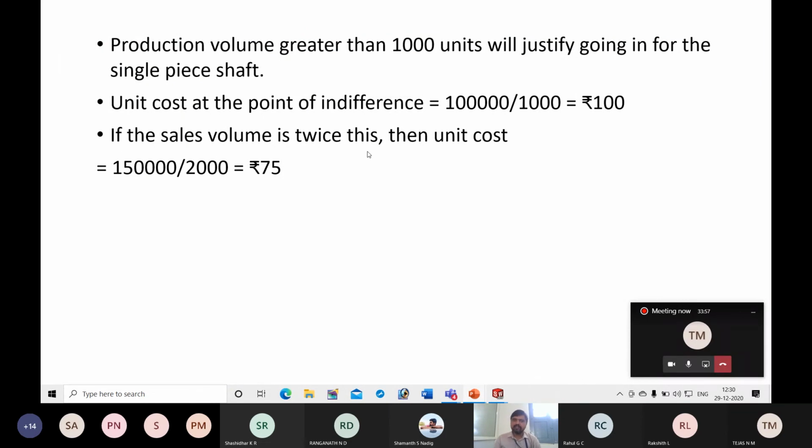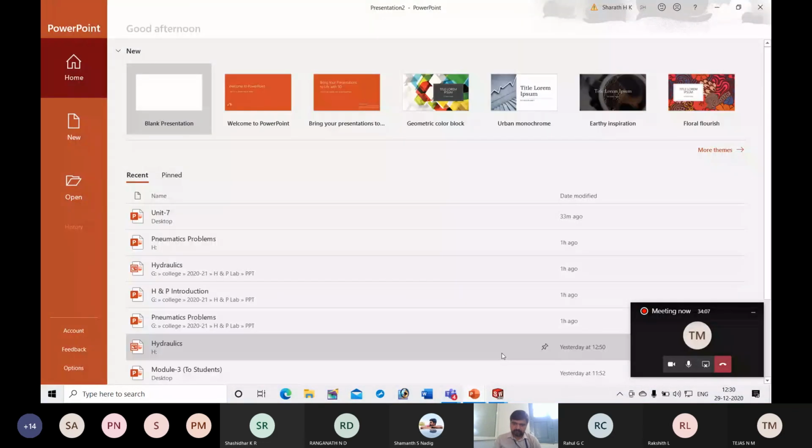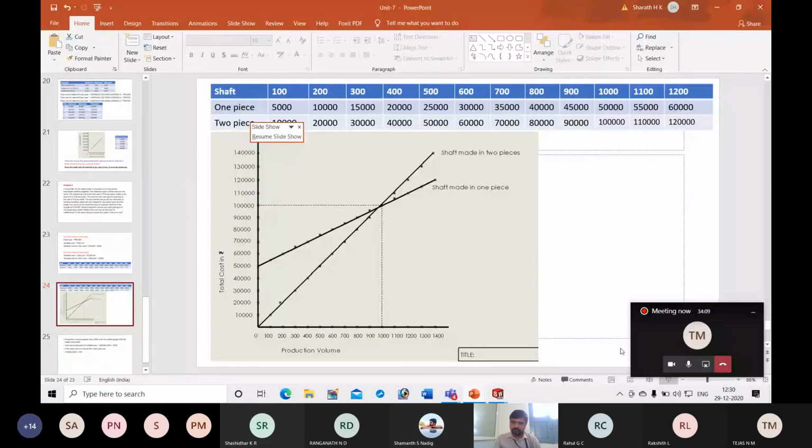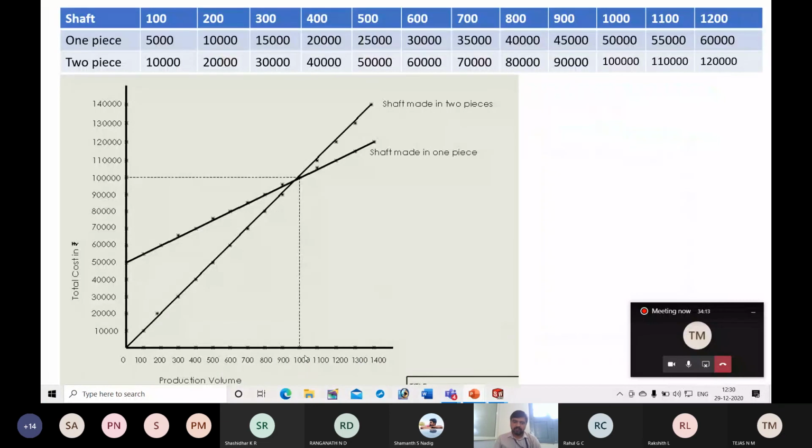If the sales volume is twice this, then the unit cost will be 75. Here it is now 1000, so twice means the production volume is 2000. For every 100 units, the variable cost is 5000.